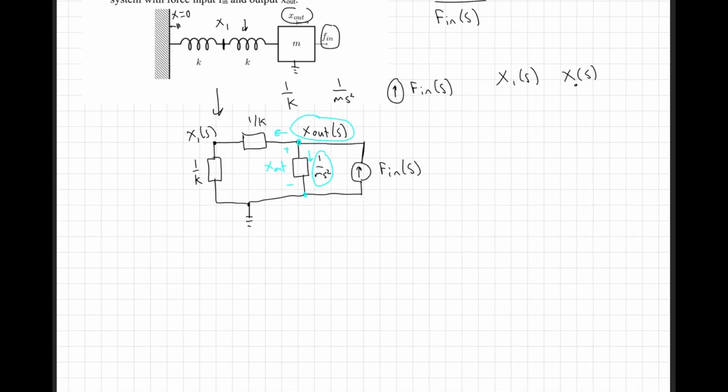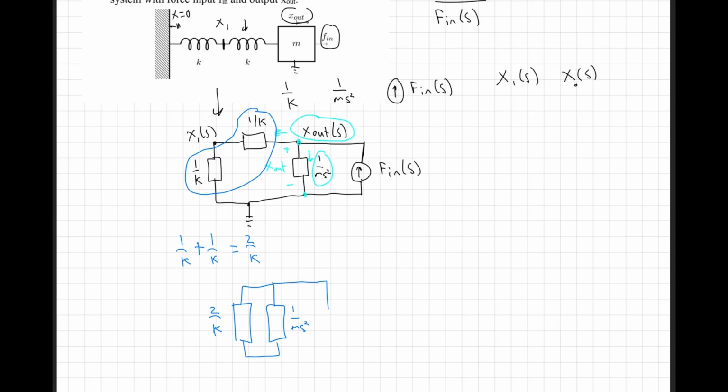If we add these two in series, we get 1 over K plus 1 over K equals 2 over K, and the circuit becomes 2 over K in parallel with 1 over ms squared. And we have this current source here, Fn of S. Now, if we apply a current divider, what's the current going here?